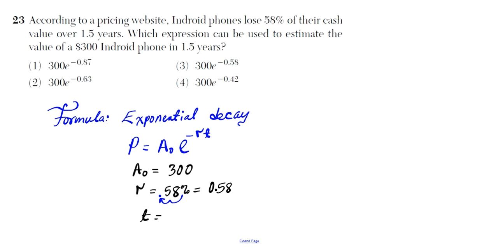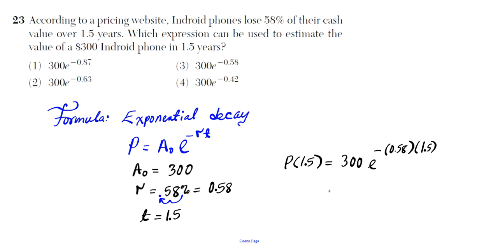Time t is 1.5 years. Okay? So the value is going to be p of 1.5. That will be determined by plugging all these values into this exponential decay function, which will be 300 times e raised to the negative r. Negative r is 0.58 times t, which is 1.5.